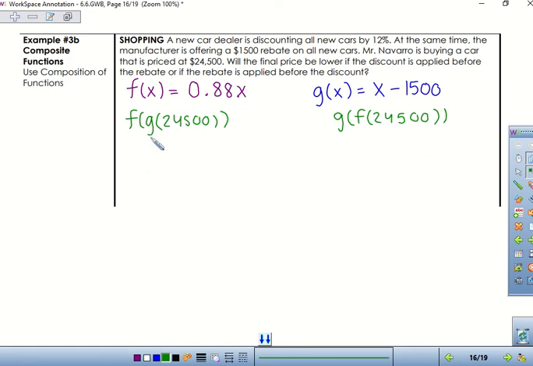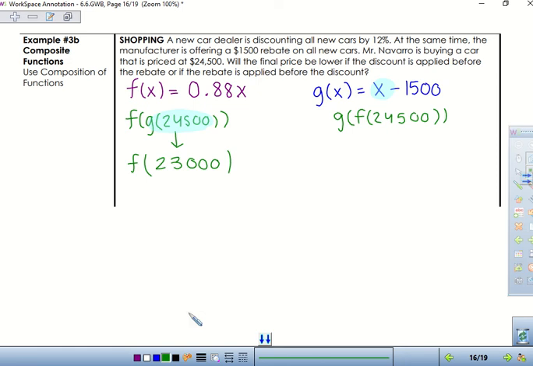So step 1 is we're going to solve inside out. We're going to find g of 24,500, whatever that is. So how could I find g of 24,500? I'm plugging it into which function? Yeah, I got to take 24,500 and plug it in right here, right? So when I do that, I get 23,000, right? Did I do that right?